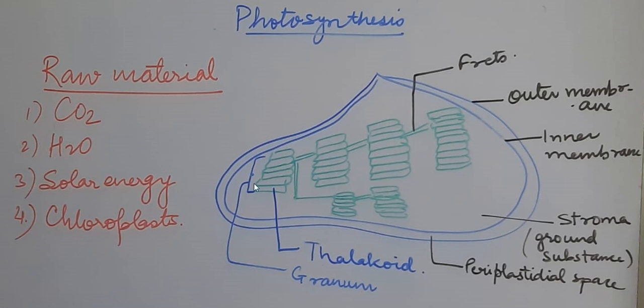So here, children, 2-3 questions. What is the location of chlorophyll and what is the location of chloroplast? These are two important things for you to understand and write down. Where is the chlorophyll present? In the walls of the thylakoid. Whereas chloroplasts are present in the mesophyll cells, located between the upper epidermis and the lower epidermis.